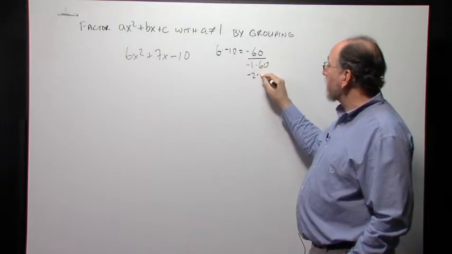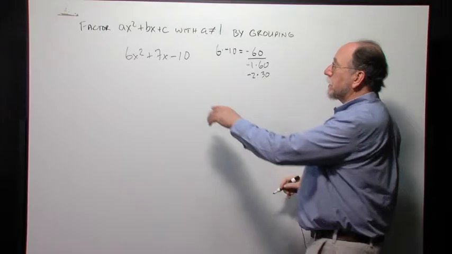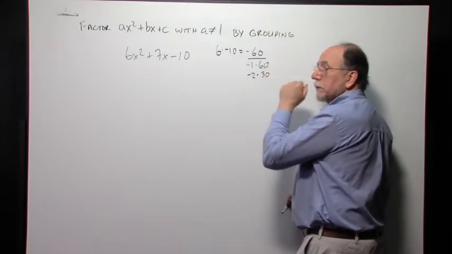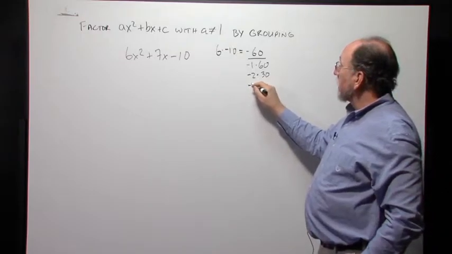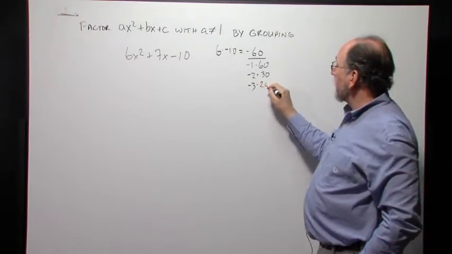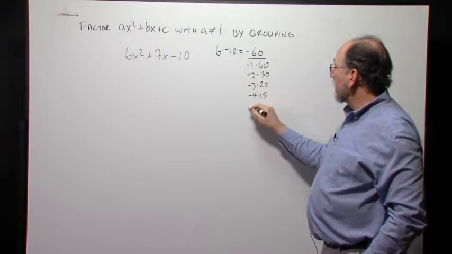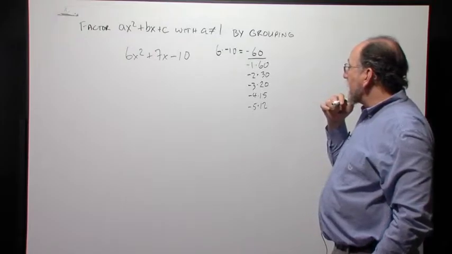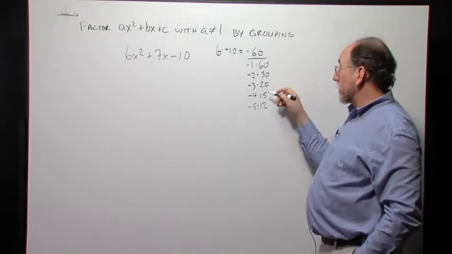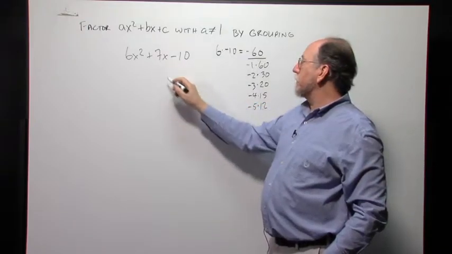So the next one would be negative 2 and 30. We could put the negative sign on the other number, but since this is a positive number, the larger number has to be positive, so we'll leave it like this. Negative 3 times 20, negative 4 times 15, negative 5 times 12. And as you're writing the list, you're thinking, do these subtract or add together as integers to get 7?